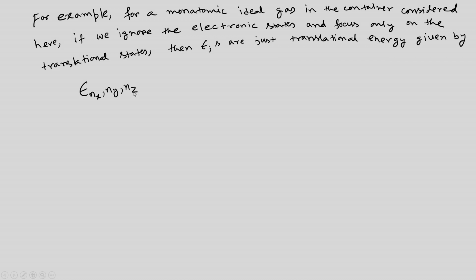so we consider a three-dimensional box. So epsilon nx, ny, nz is h to the 2 by 8 m a to the 2, like this. Since we consider a three-dimensional box, we get this expression.